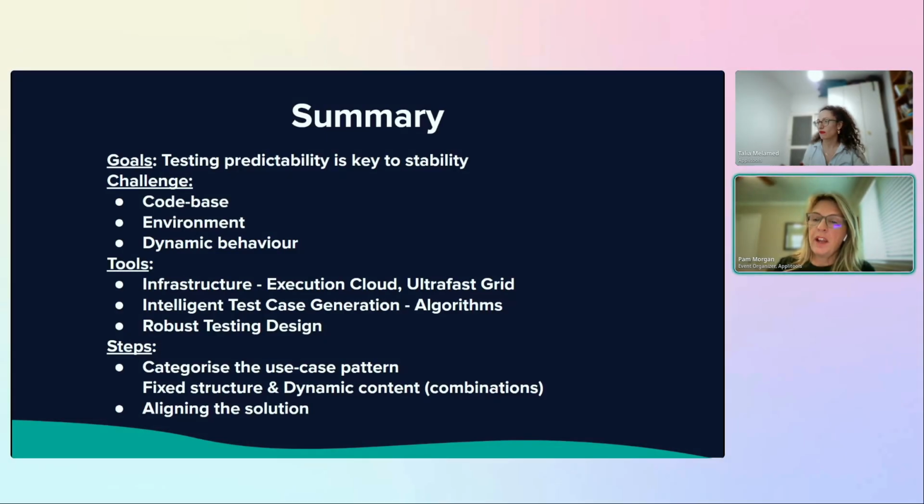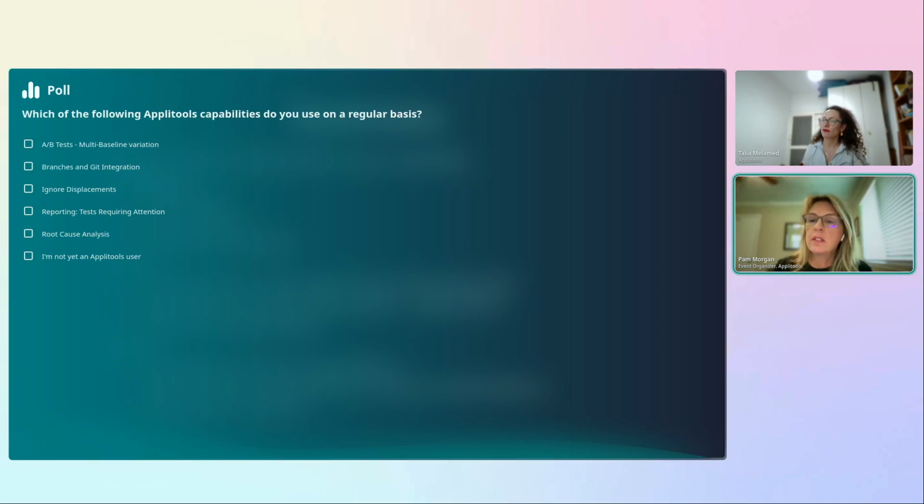And then we had another poll about which of the Applitools capabilities do you use on a regular basis? We see some people using the A/B test, multi-baseline variations, branches and Git integrations, root cause analysis, and reporting. And it looks like we've got a couple of people here who are not yet Applitools users.